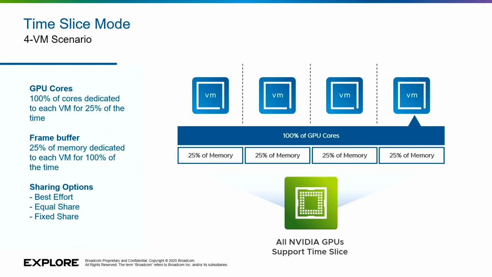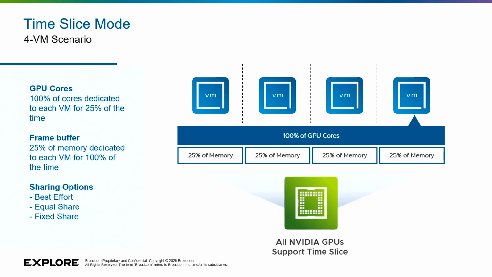It's a round robin: a fraction of the time for 100% of those cores. Now it's the opposite for the memory, for the frame buffer. We divide that from the beginning, 25% of the memory dedicated to each of the virtual machines.